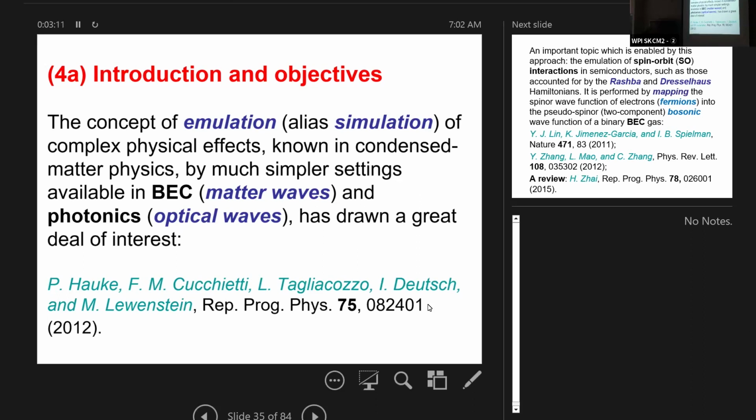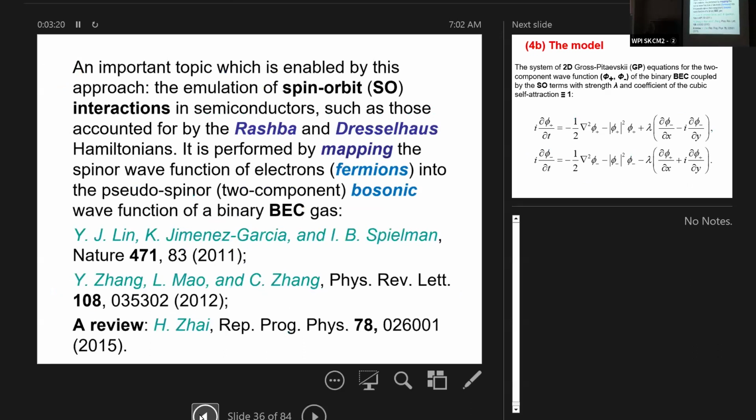In particular, one such effect is called the spin-orbit coupling. Spin-orbit coupling by itself is a fundamentally important phenomenon in semiconductor physics. And the meaning of it is that when the electron is moving in the semiconductor material in the electrostatic field of the ionic lattice, it's actually moving with non-relativistic velocity.